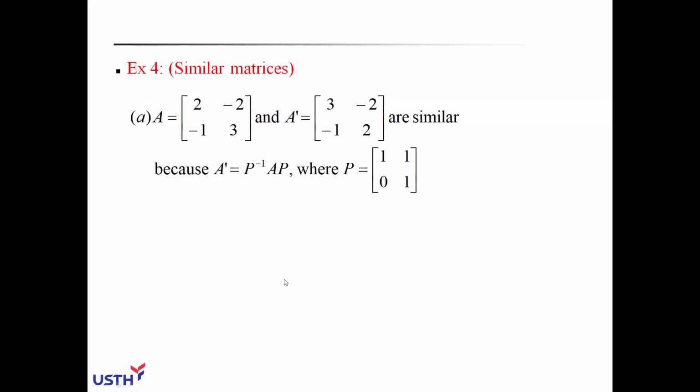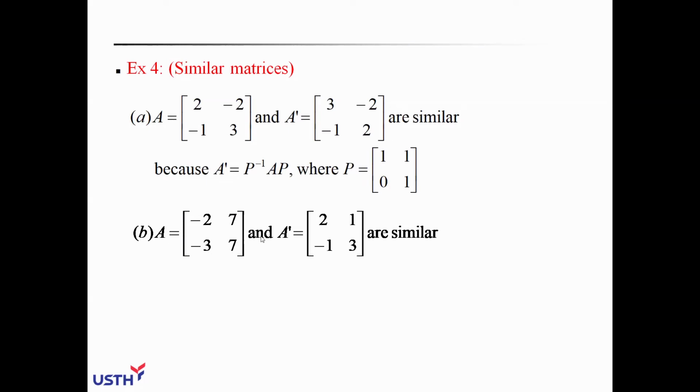And the example we have is here. A and A prime are given as on the screen, and you will see that A and A prime are similar to each other. Why is that? If you consider P to be that matrix, then A prime equals P inverse multiplied by A multiplied by P. These are very small matrices, so it is very easy for you to do the calculation here.